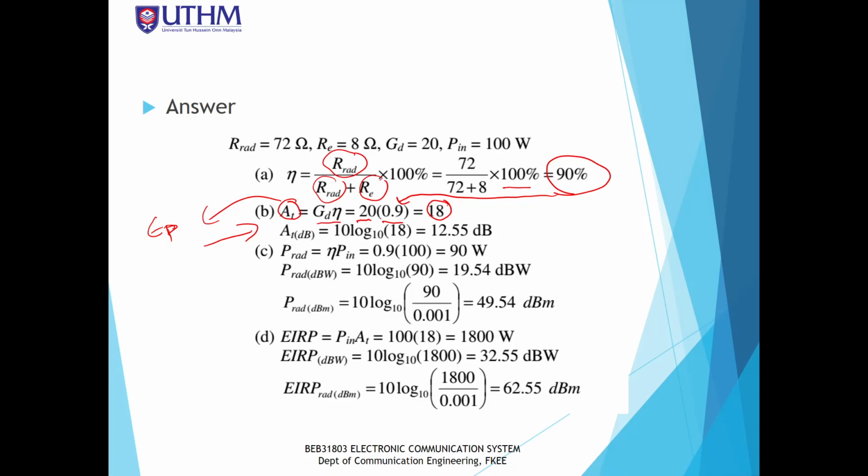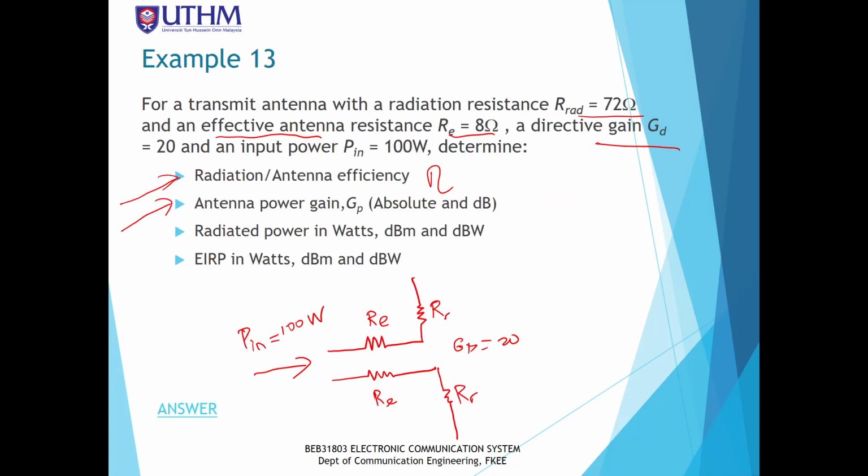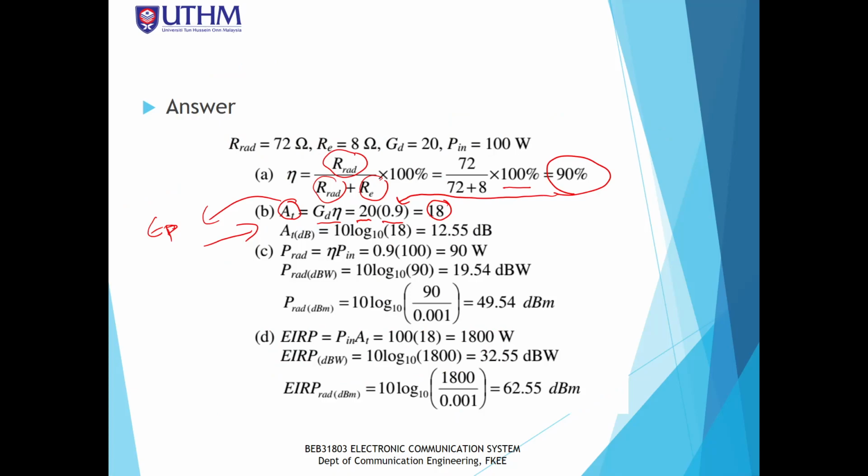Then the question asks for radiated power in watts, dBm and dBW. The question asks about P radiation. P radiation is equal to P input multiplied with antenna efficiency.